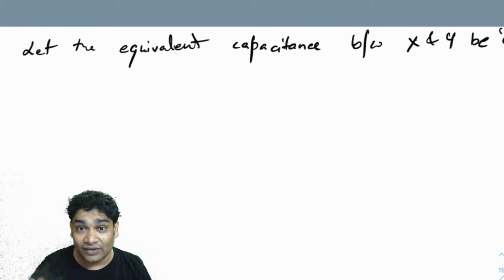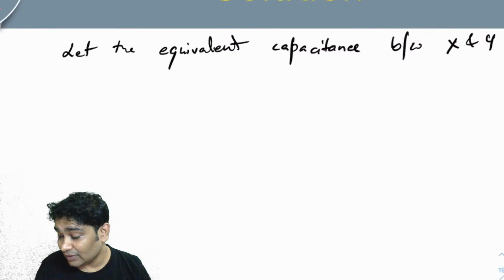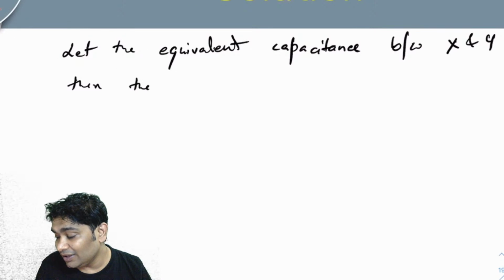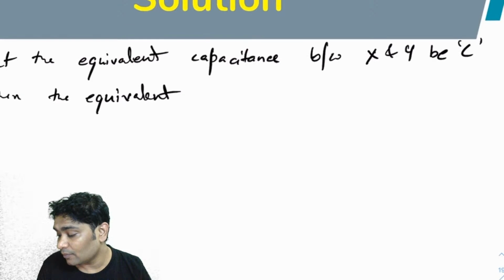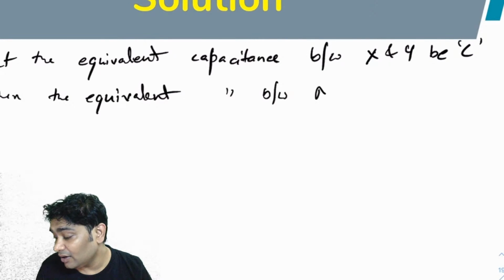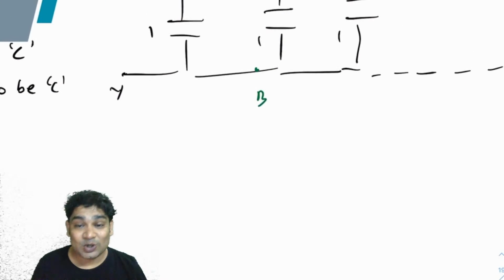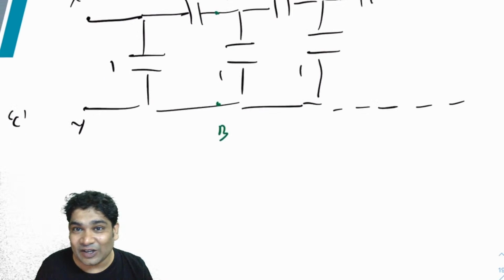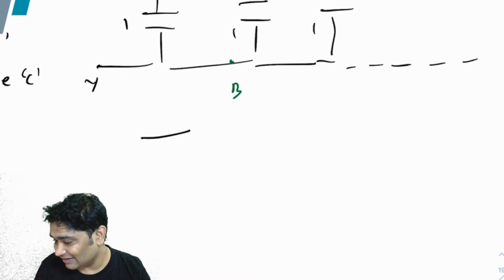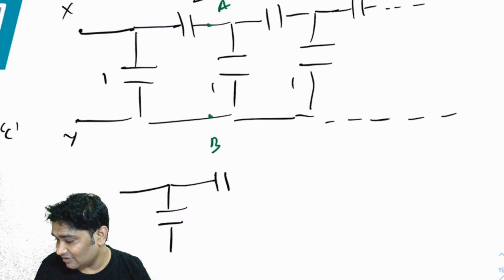So I can say if the equivalent capacitance between x and y is C, then the equivalent capacitance between A and B will also be C. Alright, so now I can redraw this circuit as this, and I can add C here.